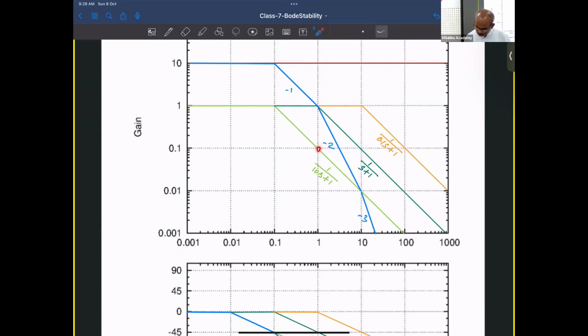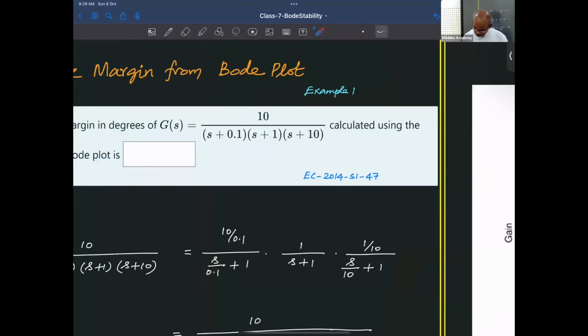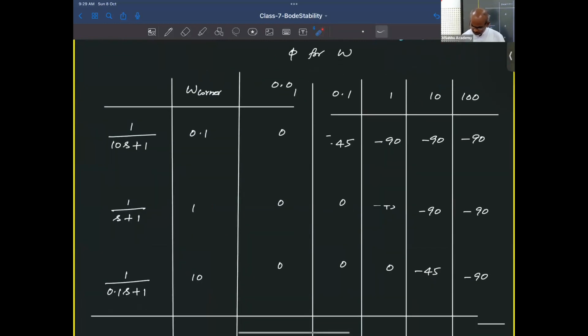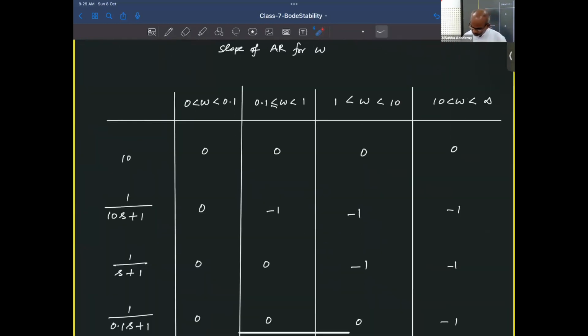After that, another line is also coming up. This is the amplitude plot corresponding to 1 by s plus 1, so that is now also getting a slope of -1. That's why another line comes up, which has a slope of -1.